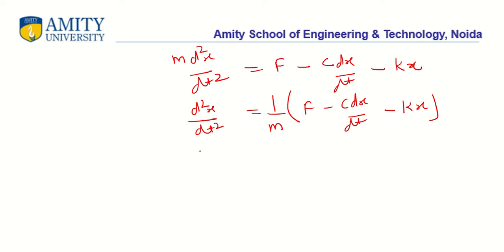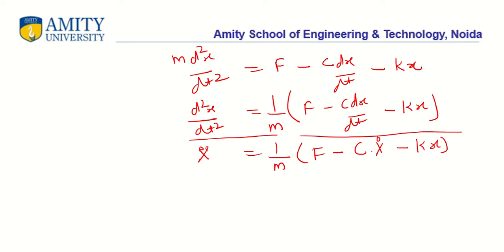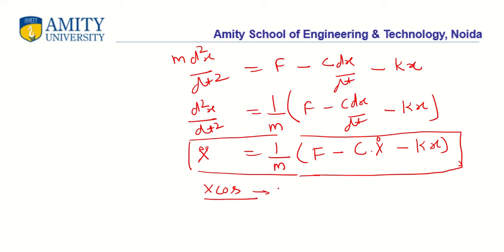I can also write it as x double dot is equal to 1 by m into F minus c into x dot minus k into x. Now this equation is ready for using xcos, the xcos console of Scilab.